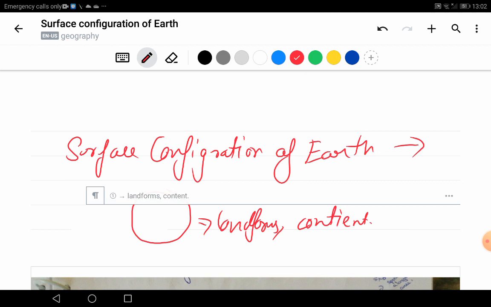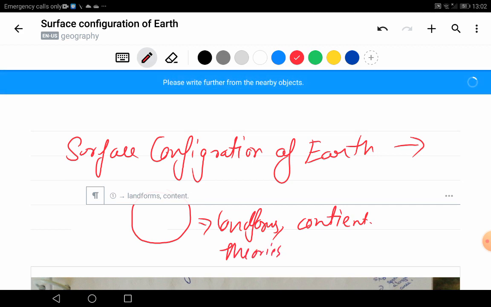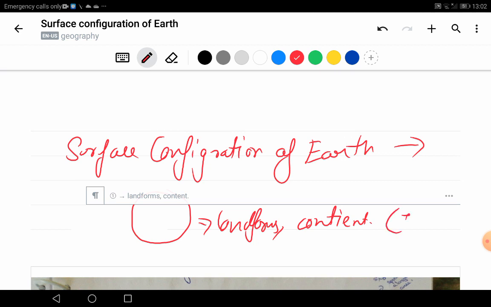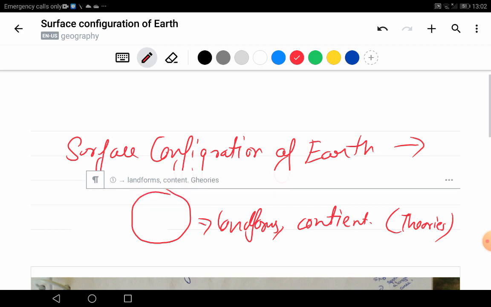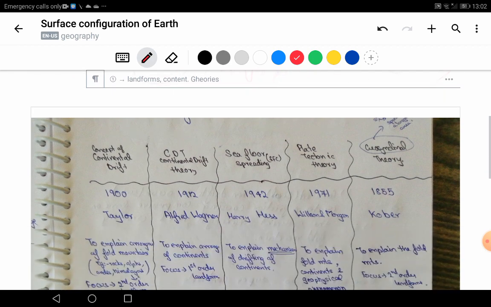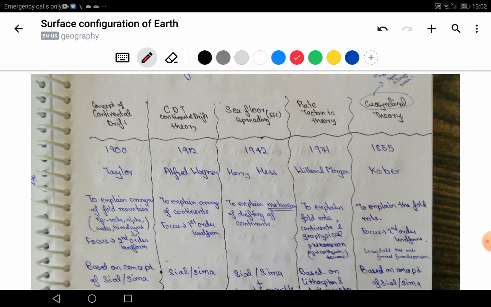So for that there were multiple theories given by multiple geographers. We are going to study the basic differences between all the theories. Here's a screenshot which we are going to study. There were five theories given on the surface configuration of Earth.